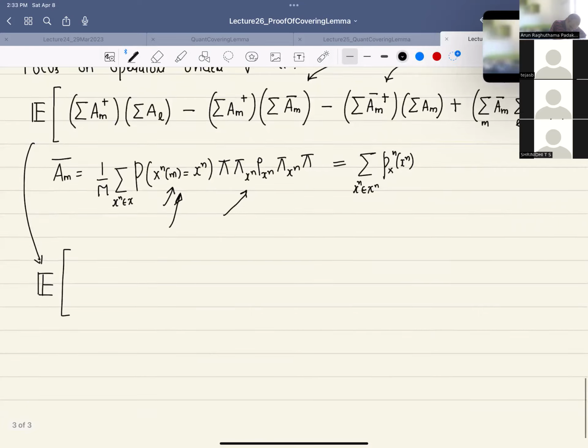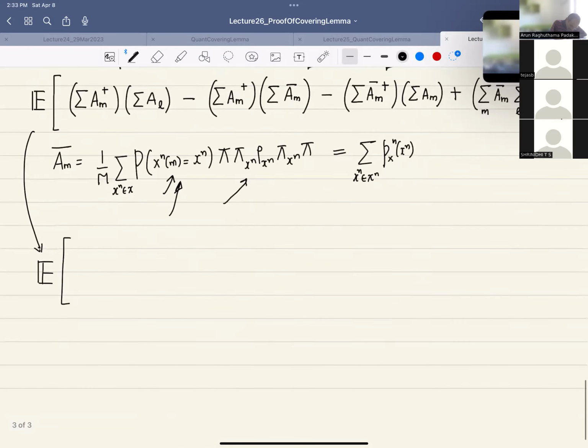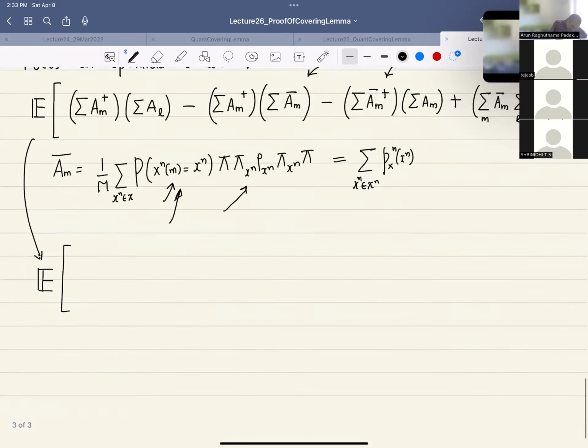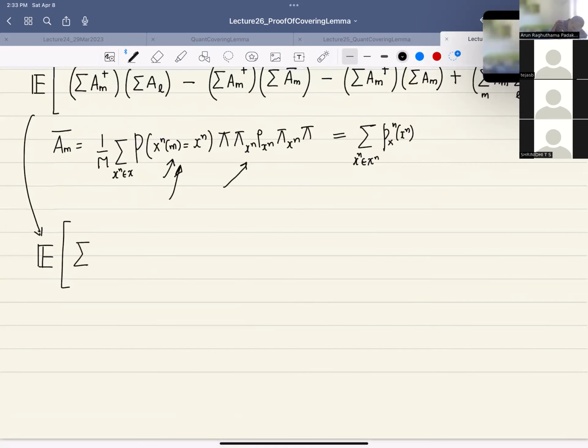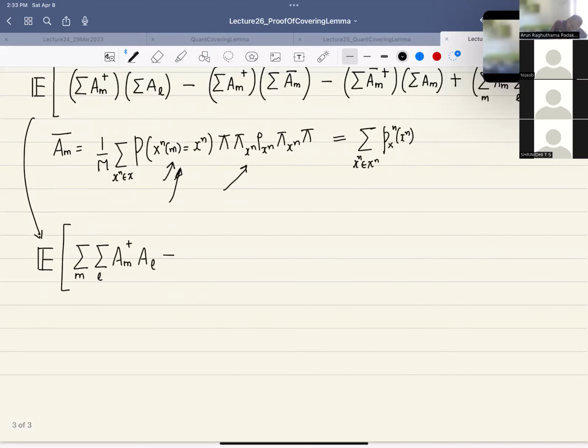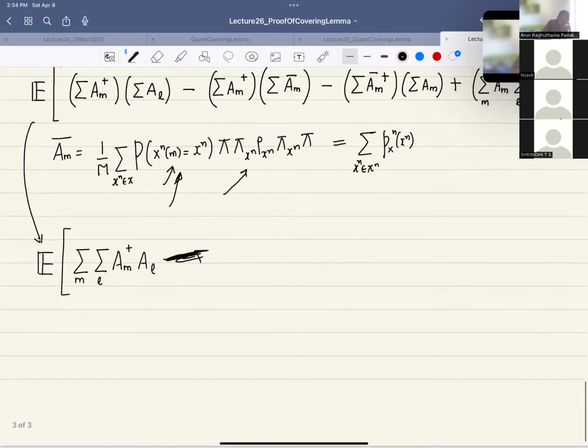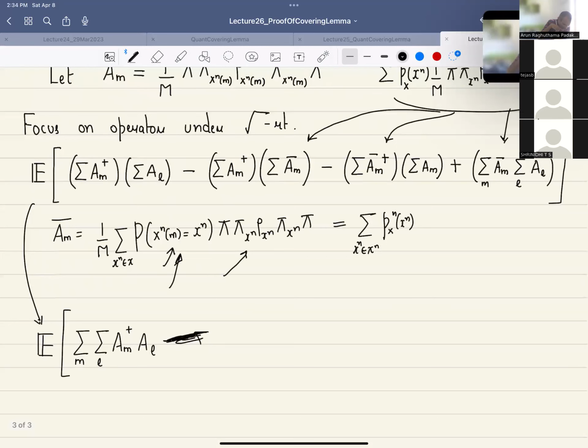So this is M L, A M dagger A L, minus A M. Can I say this? Are you going to agree with this? Let me see how I convince you easier.